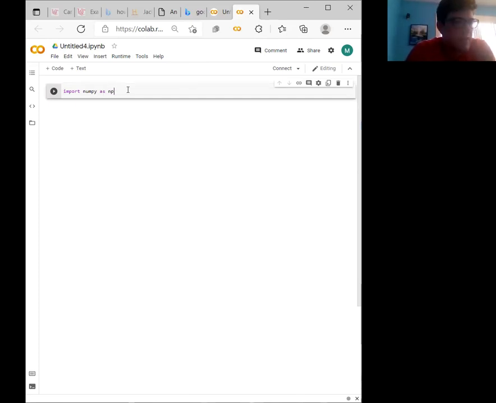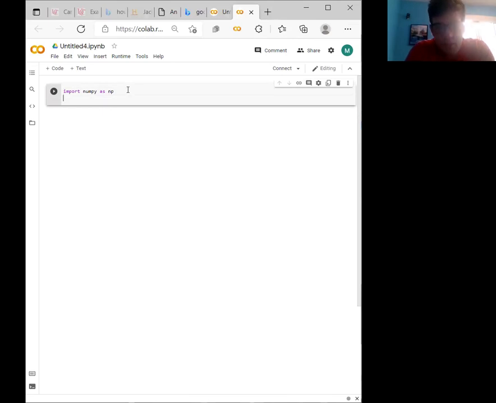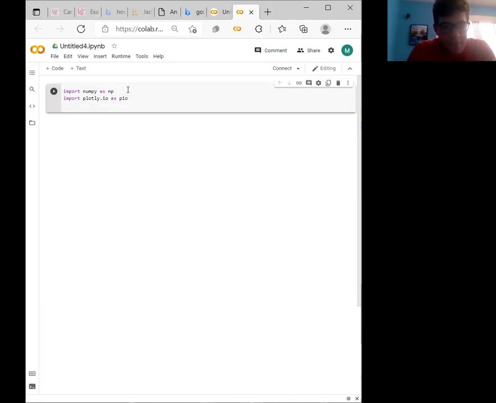So I'm just going to import NumPy as NP, just basic stuff there, and plotly.io as PyO to plot later in this problem. And then I'm going to go to a subplots generator. So from plotly.subplots, I'm going to import make_subplots.